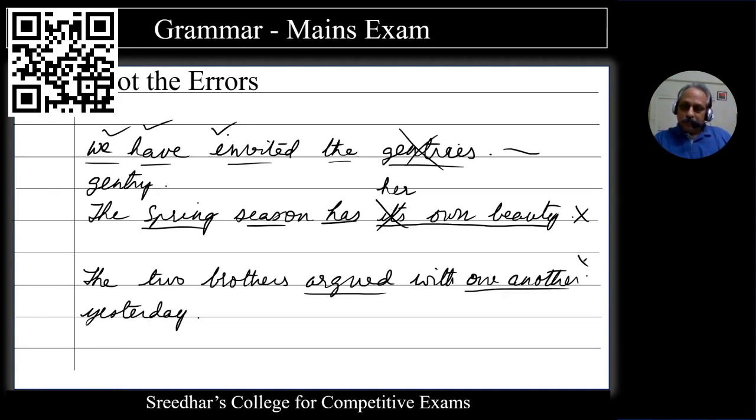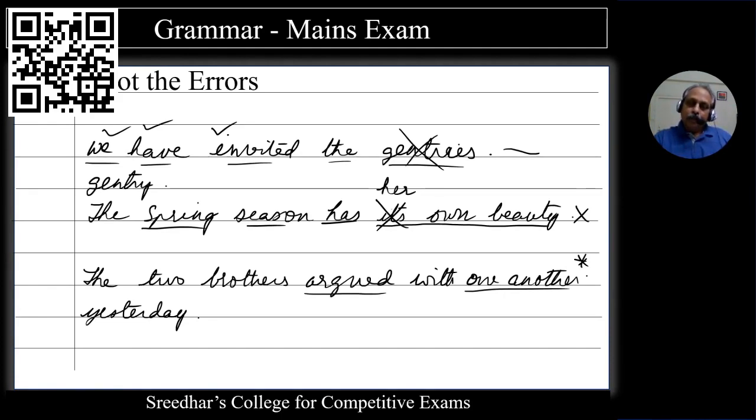The moment you see this, you have to recollect pronouns. We have different types of pronouns. One of them, reciprocal pronouns. Reciprocal pronouns are two in number. Each other, one another. Then you may ask, what is the difference between each other, one another? Or where do we use each other, where do we use one another?